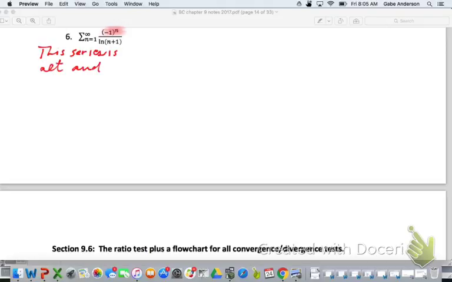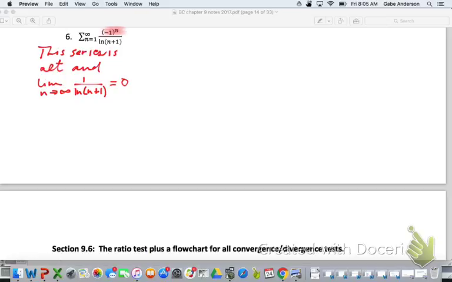And if you do the limit as n goes to infinity of 1 over ln of n plus 1, what do you get? 0. Yeah, okay. So that's good news. And did you see a consistent decreasing pattern in those terms? As n got bigger, the terms got smaller.